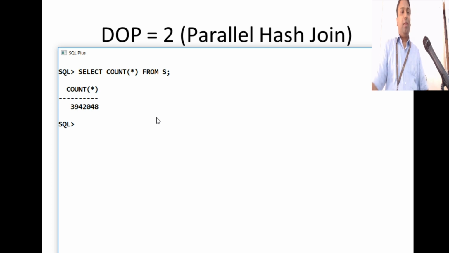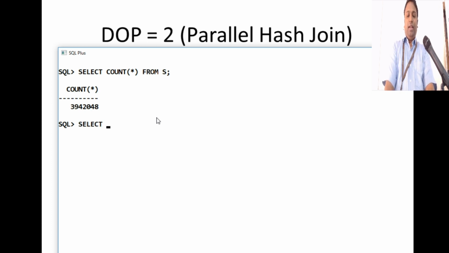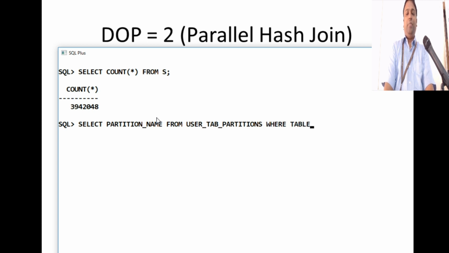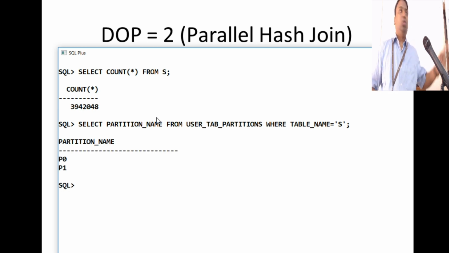Now, how do I know how many partitions I have created on table S? For that, I have to run a query: select partition_name from user_tab_partitions where table_name is equal to S, in caps. As I told you, I have created 2 partitions.